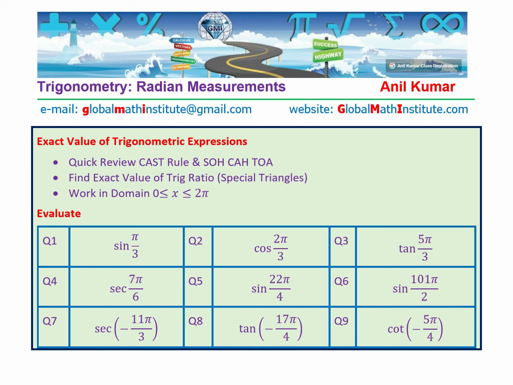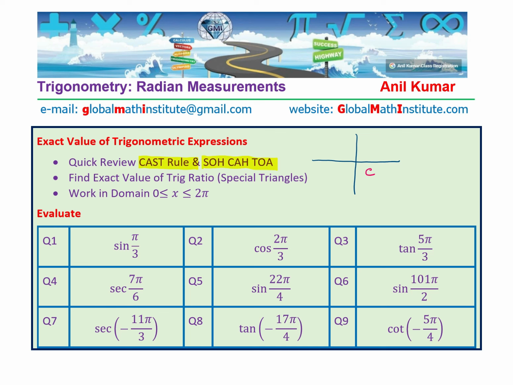Now let's begin with the basics, as some students might have forgotten, while working in degrees, how do we work with radians. Basic rules are the same: CAST rule and SOHCAHTOA. CAST rule, as you remember, tells you in which quadrant the ratios are positive or negative.